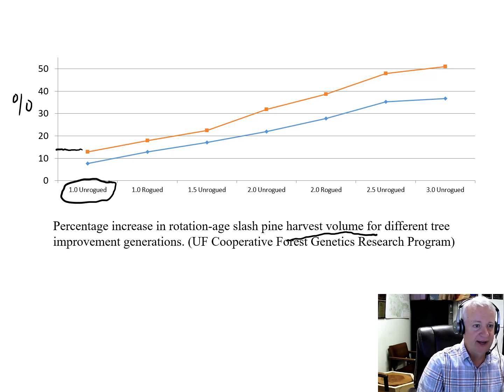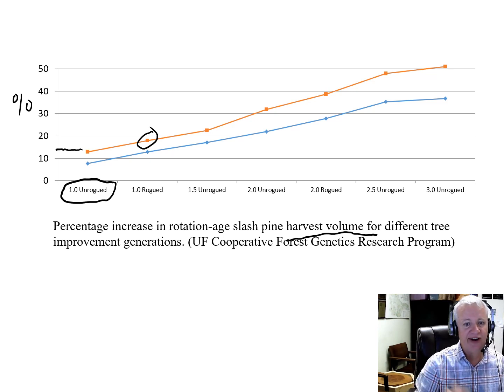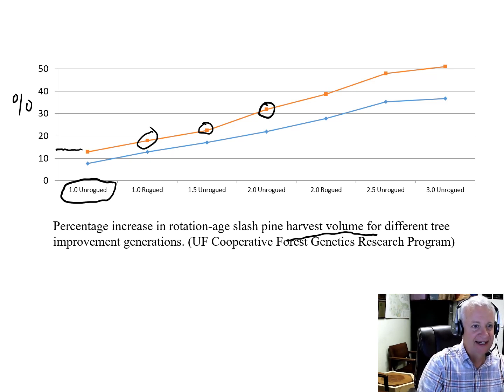But then they went through and did testing and rogued the seed orchard, and that gave them maybe another 3 to 5% improvement by getting rid of those inferior individuals. And then they infused new material into the population, established more plantations with that, got a little bit of improvement, did another cycle of testing and rogued the seed orchard, and they are now at that second generation, 32% improvement over wild.